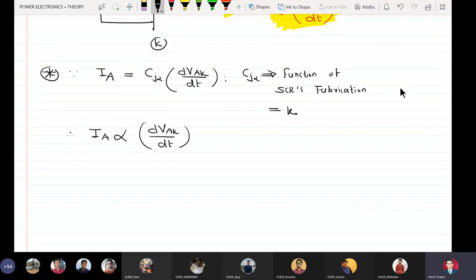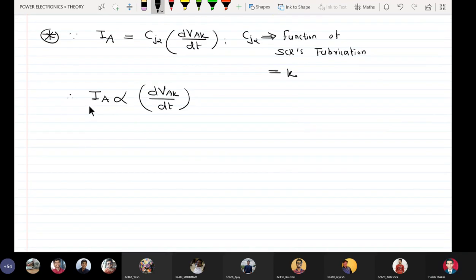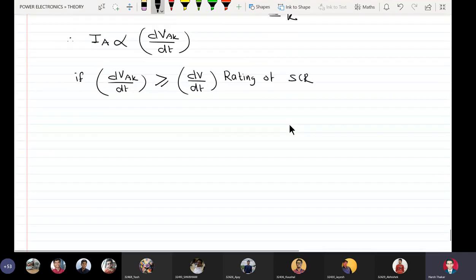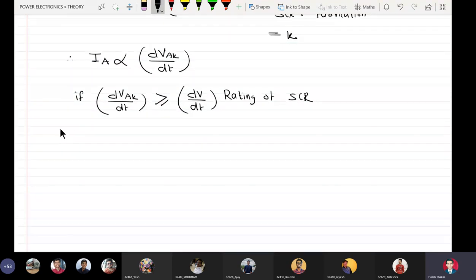So what we say here is this, that if the rate of change of anode to cathode voltage becomes greater than or equal to the dV by dt rating of the SCR, then IA equals the latching current IL, then IA becomes greater than or equal to IL.